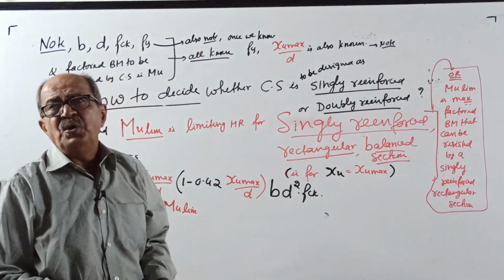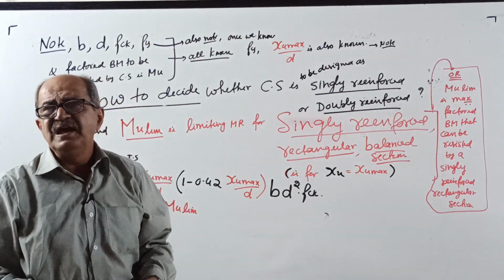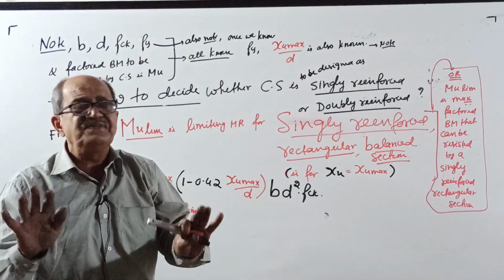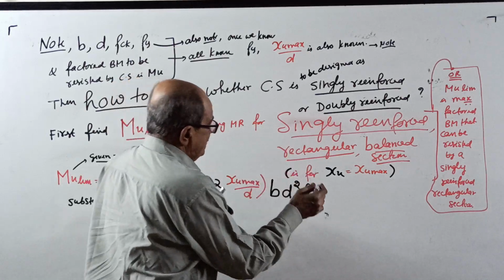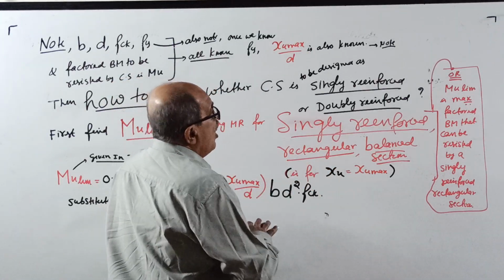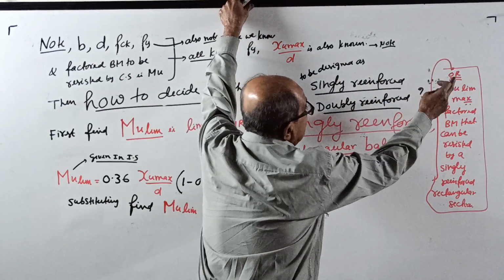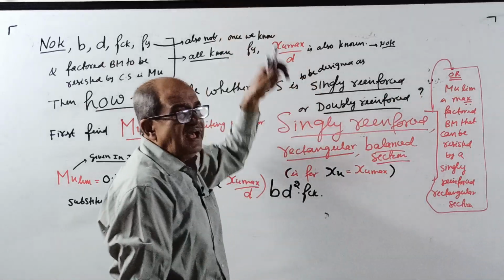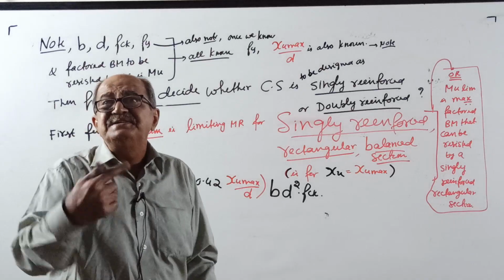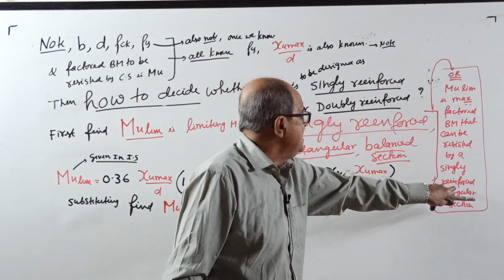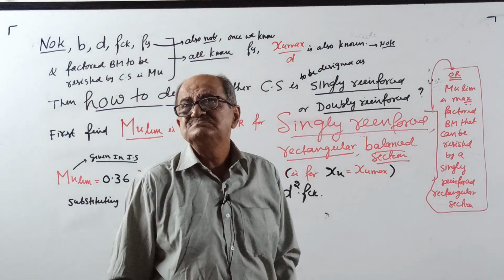Make a note, whether the cross section is singly or doubly, whatever it is. Or you can tell one more thing: Mu limit is the maximum factored bending moment that can be resisted by a singly reinforced rectangular section.